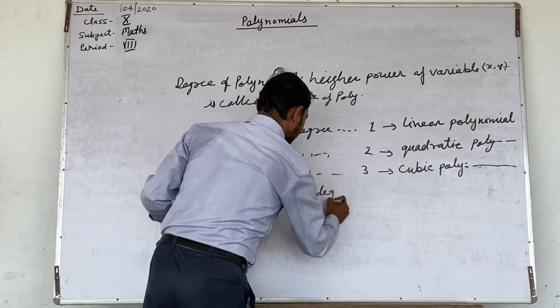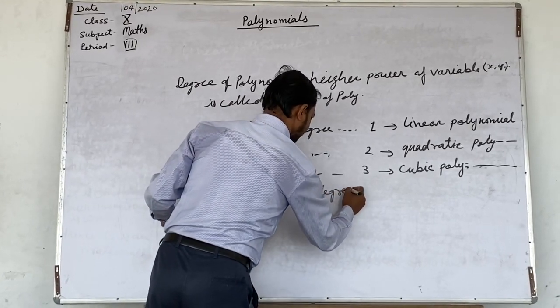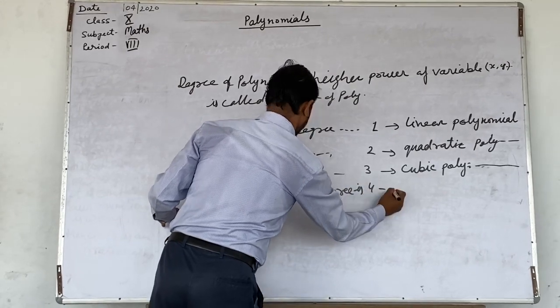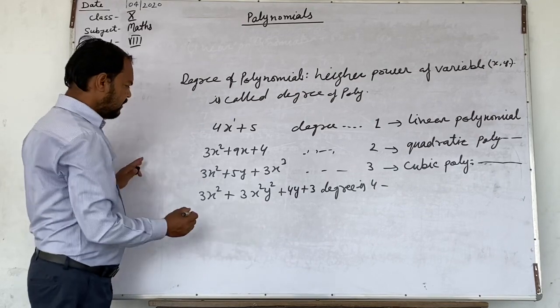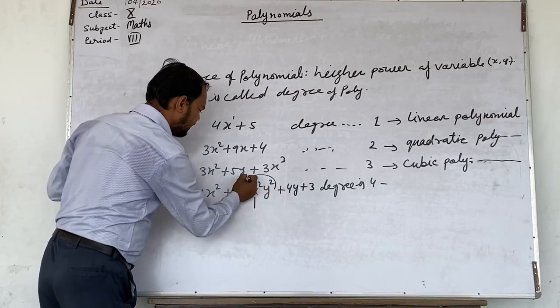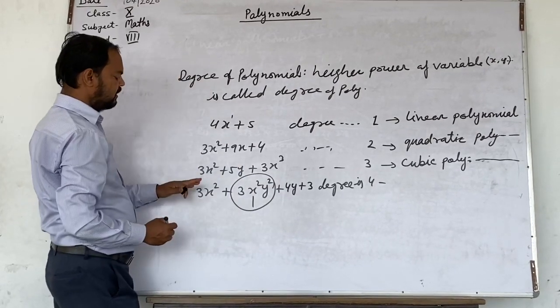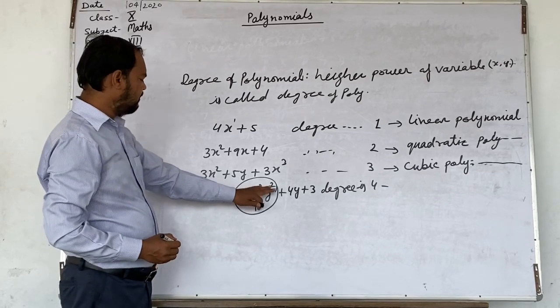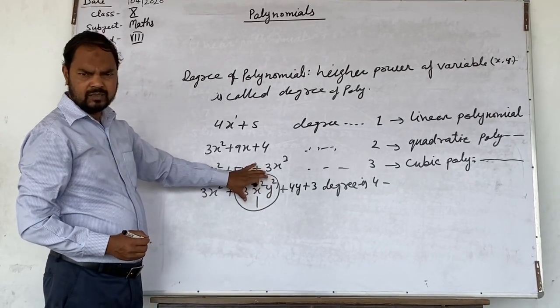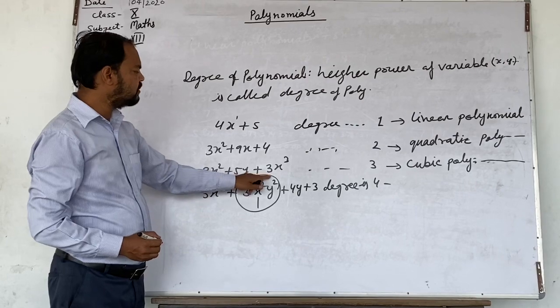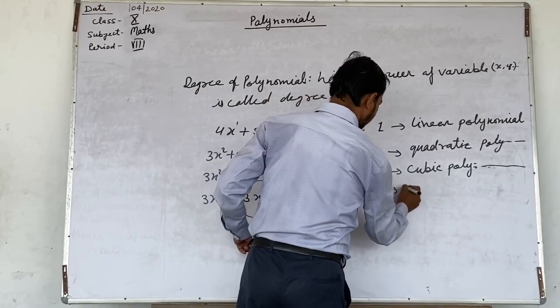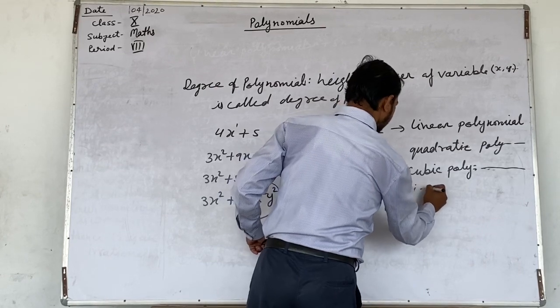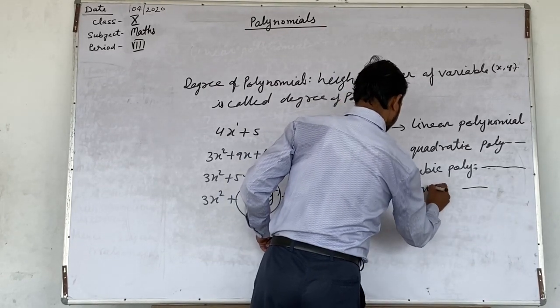So the degree of this polynomial is 4. Why? If in a term there are two variables, the sum of the powers of the variables will be the power of the term. So this 2 plus 2 will be 4, and this is a biquadratic polynomial.